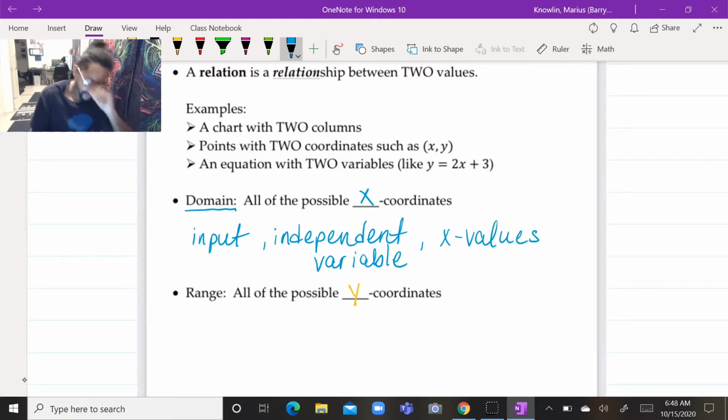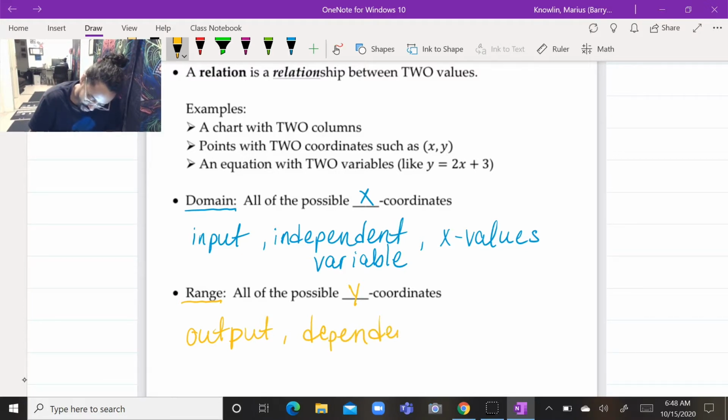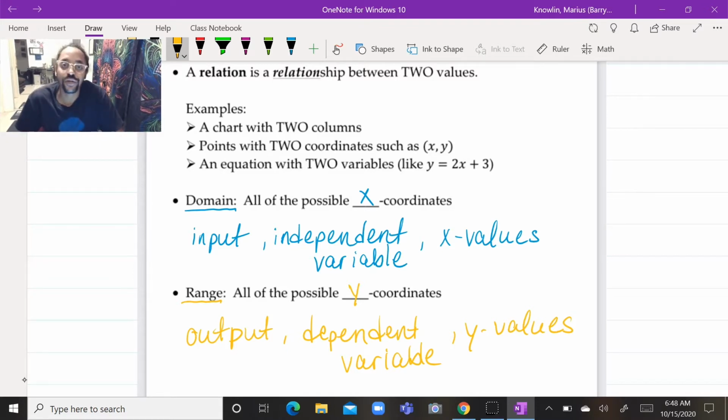Now, for the range, words that mean something similar would be output, dependent variable, and y values. So it's good to know the other words associated with domain and range because they may use those on a standardized test and still be referring to the domain.